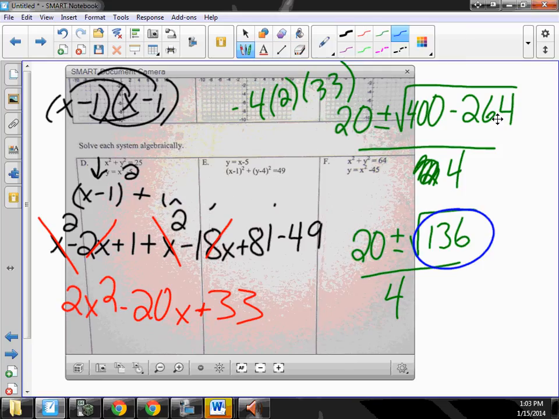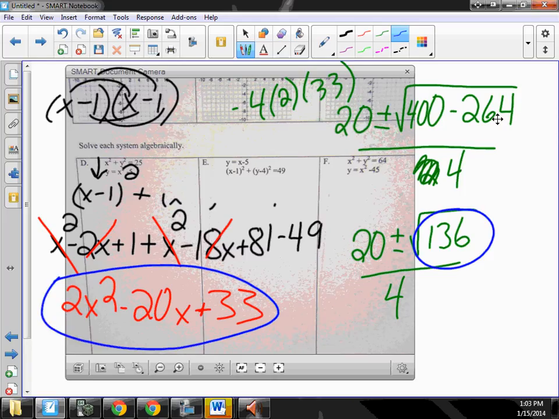If this quadratic misses the x-axis, that means that these two equations miss each other. So if you're solving and you get imaginary roots, that tells you to go back to the original problem and say no solution. Because if the original two graphs do not intersect, then the quadratic you create using substitution or elimination will have no real solution. Okay, but it doesn't. So it has an answer.